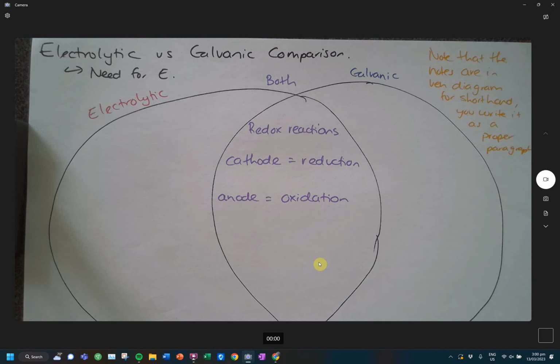Now, some things to keep in mind, though, is what are the differences between these two things? The first thing, what's really obvious for us when we think about these two cells? Positive and negative.